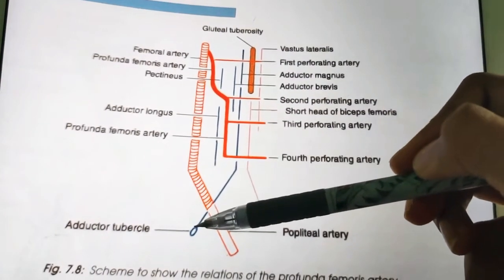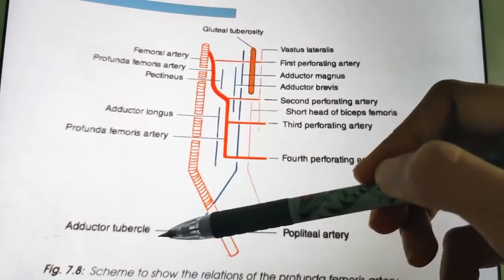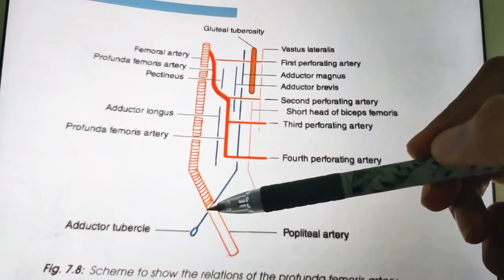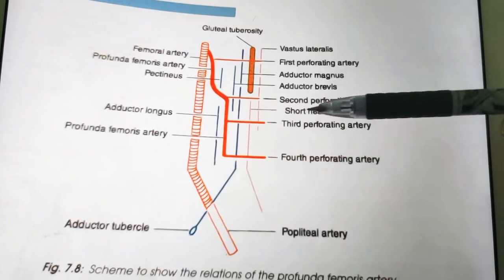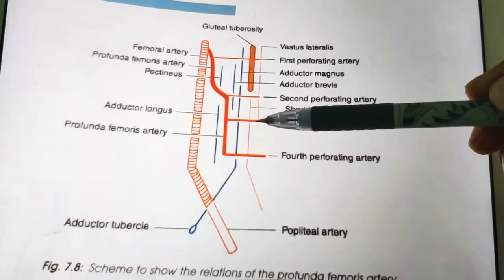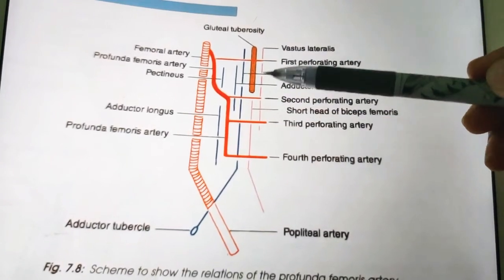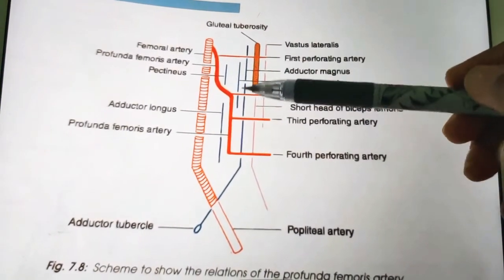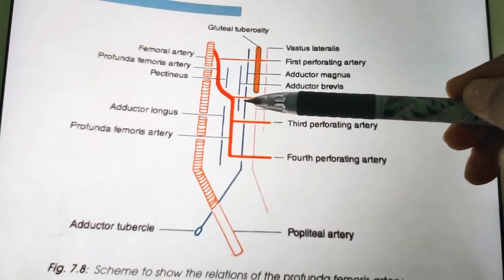In the adductor magnus you have the adductor tubercle, and above it the adductor hiatus. Next, the red one here is the short head of biceps femoris, and this red one is the vastus lateralis, and these red lines are the four perforating arteries.